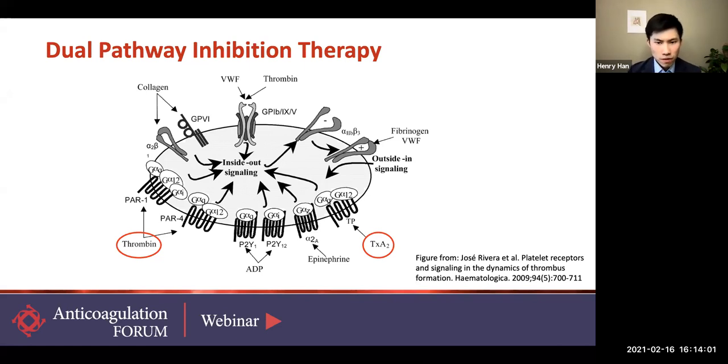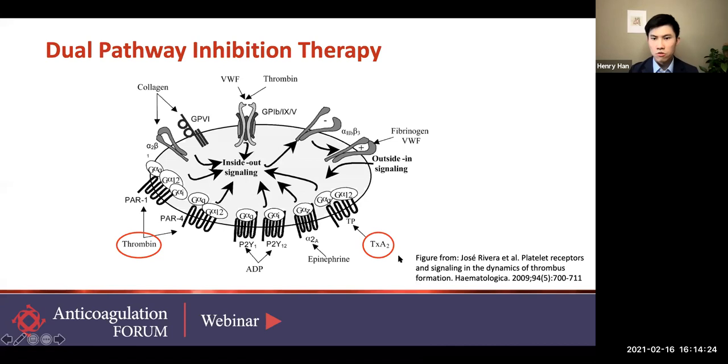This is something that we can think about similarly to dual antiplatelet therapy, where you try to use 2 different medications with different mechanisms for inhibiting different pathways. And so this diagram here is a diagram of a platelet with all of the surface receptors and all of the different molecular compounds that activate these surface receptors.